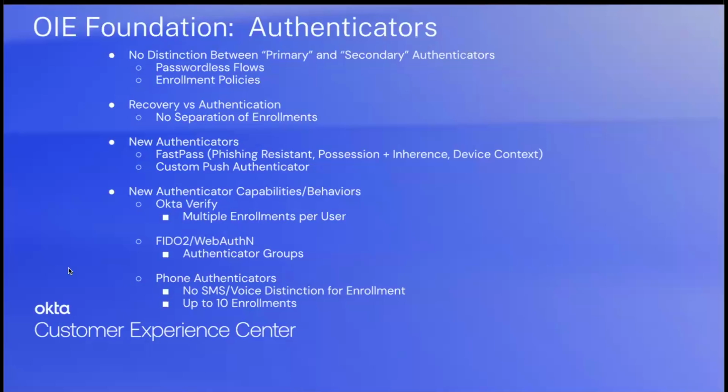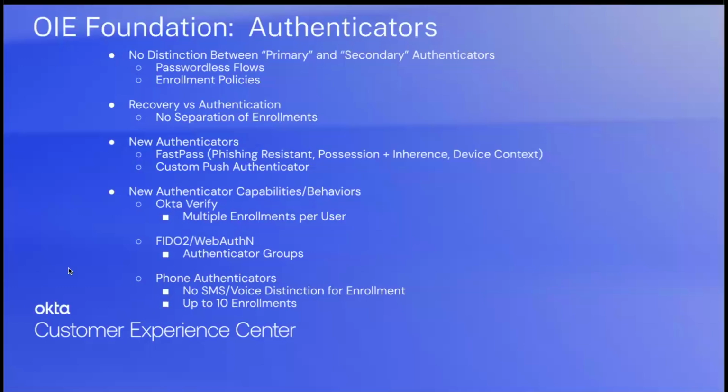Also, for the FIDO2 WebAuthn authenticators, there's now a capability called Authenticator Groups. So you can get more specific about the exact types of FIDO2 WebAuthn authenticators that you want to allow for enrollment. As you may know, FIDO2 WebAuthn is a very broad category of authenticators, so it covers a lot of different things.